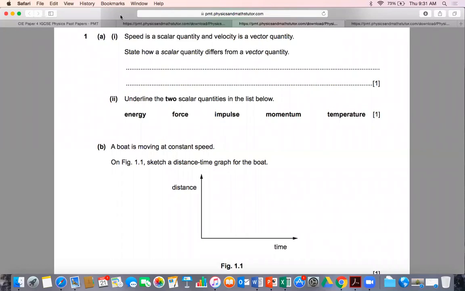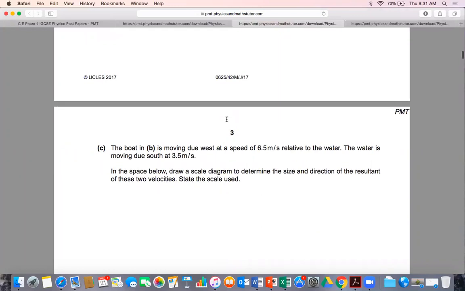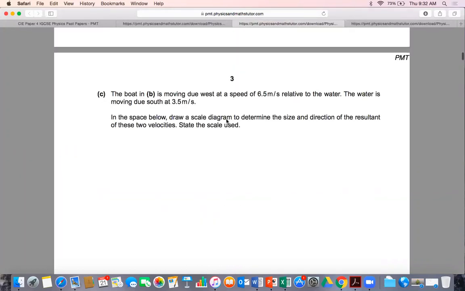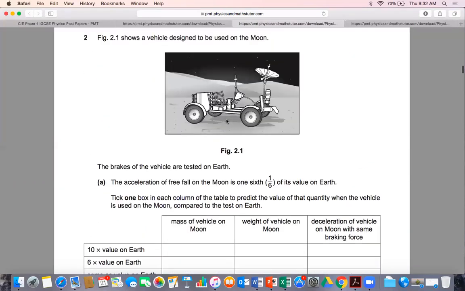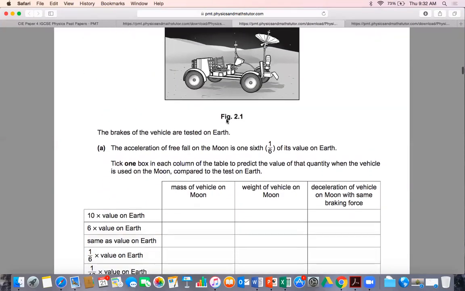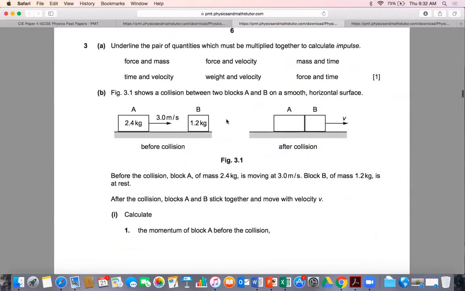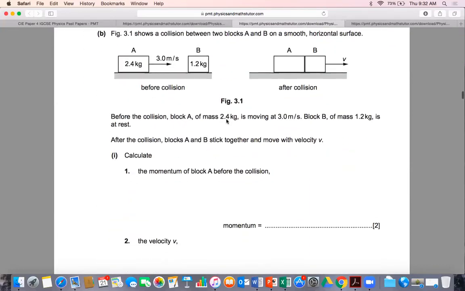Can I see a show of hands of those who are still doing this part? No, okay, all done. I'll move to this one. Number 3, 3B.